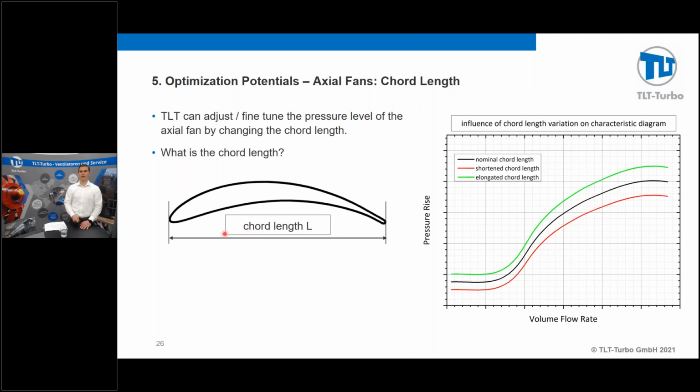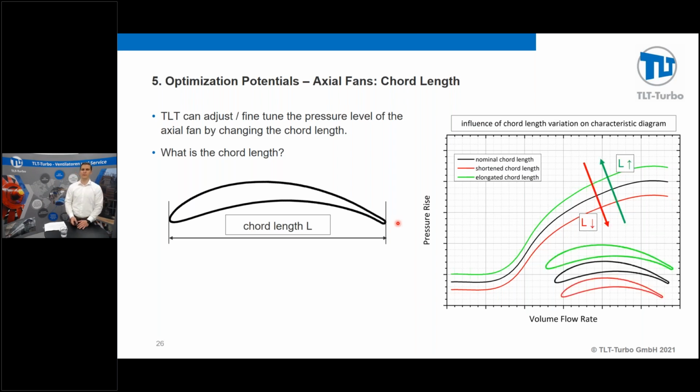The chord length L is basically the length from the leading edge to the trailing edge of this foil or plate. And here, once again, the correlation is: the longer the plate, the more work it is capable of providing, and therefore the pressure can increase, and vice versa.